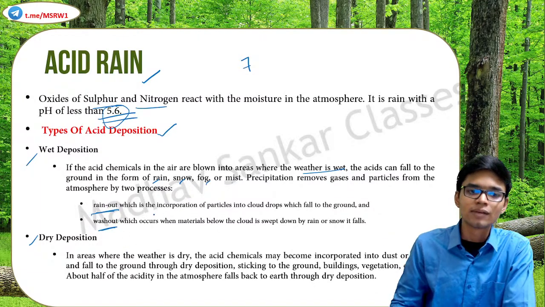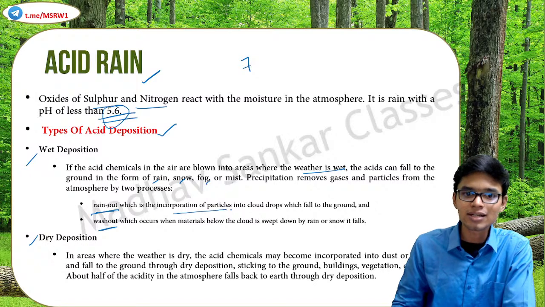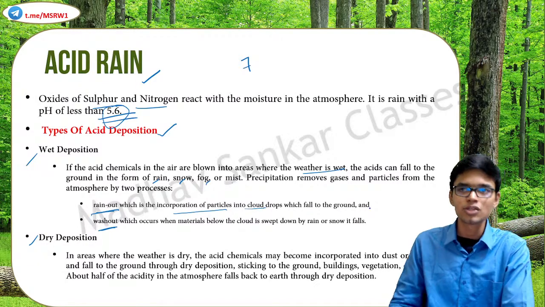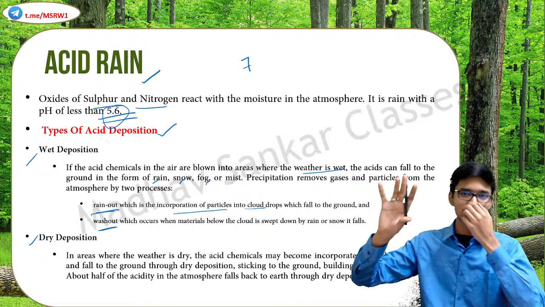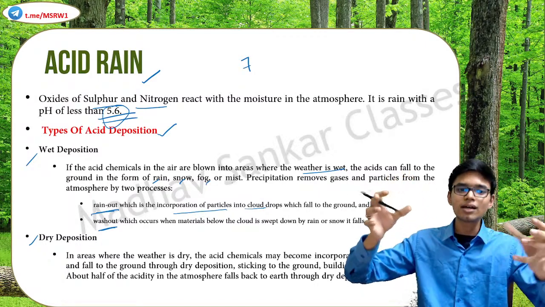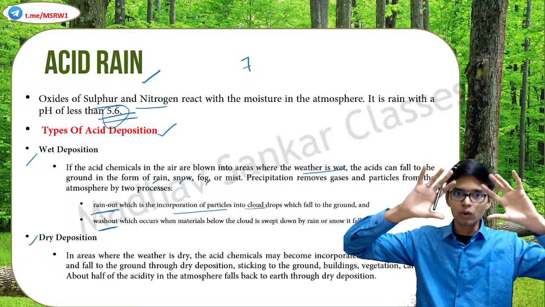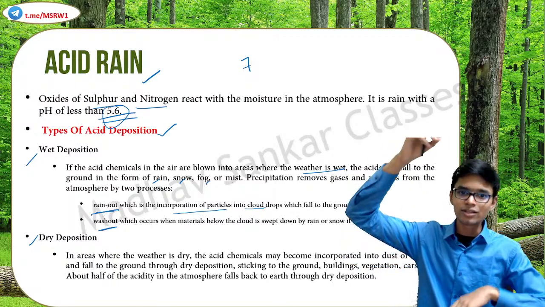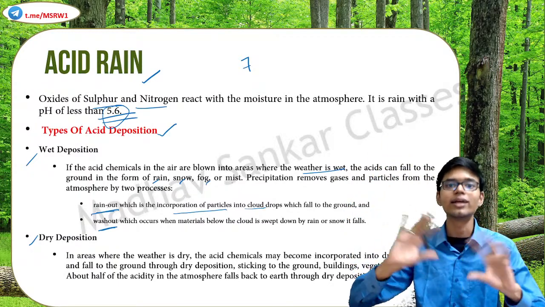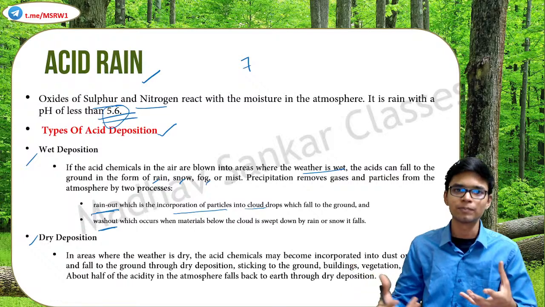Rain out means here the incorporation of particles into the cloud drops which fall to the ground. So these sulfur particles and these nitrogen particles are incorporated into the cloud itself. Okay, and then it drops to the ground. This is known as rain out, just like a rain happening.